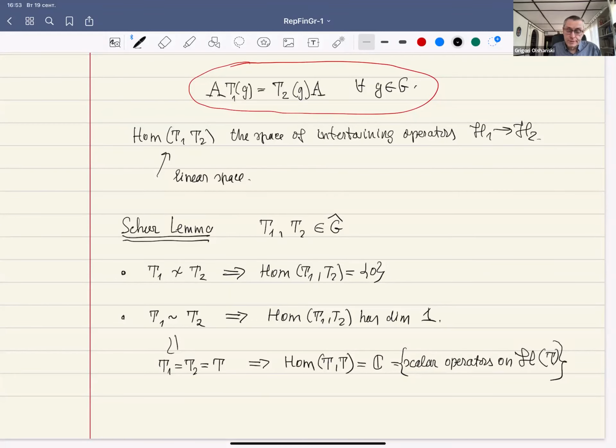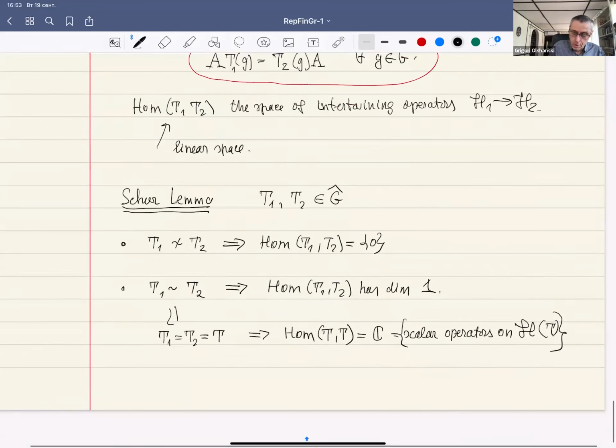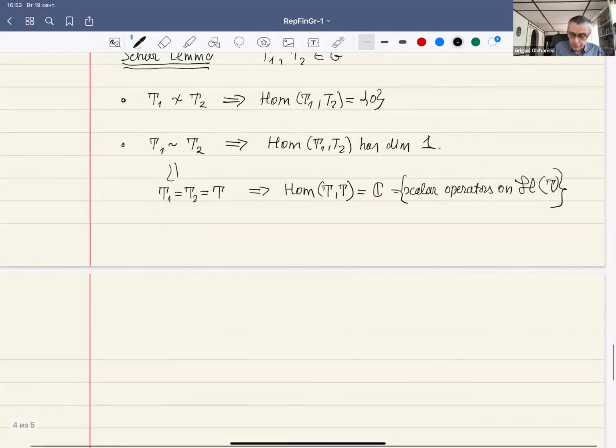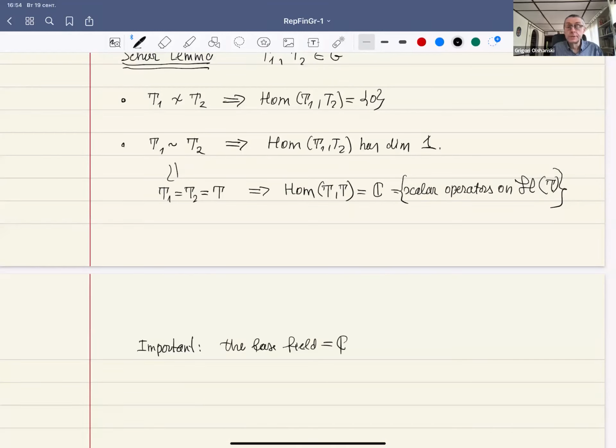So how to prove this? This is very easy. Just apply the very definition. But nevertheless, it's important. The base field is C, algebraically closed.